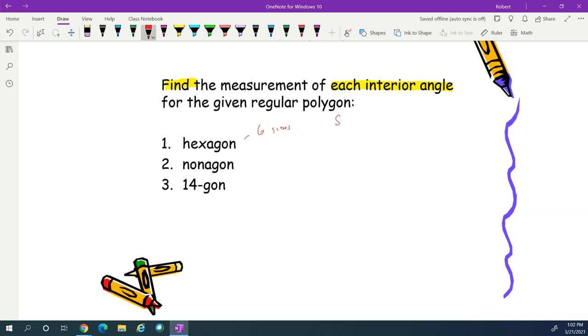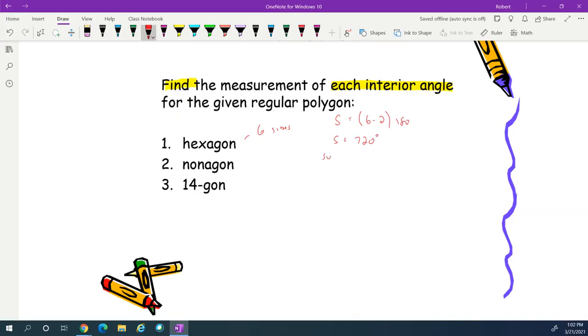So if we find the sum of the interior angles, 6 minus 2, so the sum, 4 times 180 is 720 degrees.